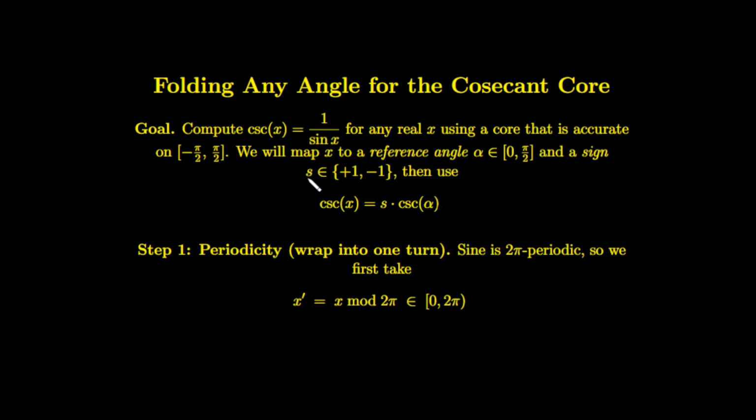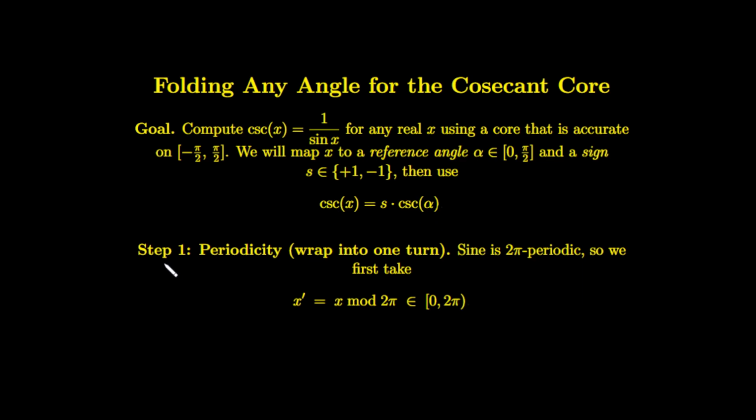So we're going to have to change the sign of the initial angles from positive to negative in some instances. So in the end, we're going to take our original input x, and it's going to be generated by the multiplication of a sign and also the folding of this into the reference angle alpha.